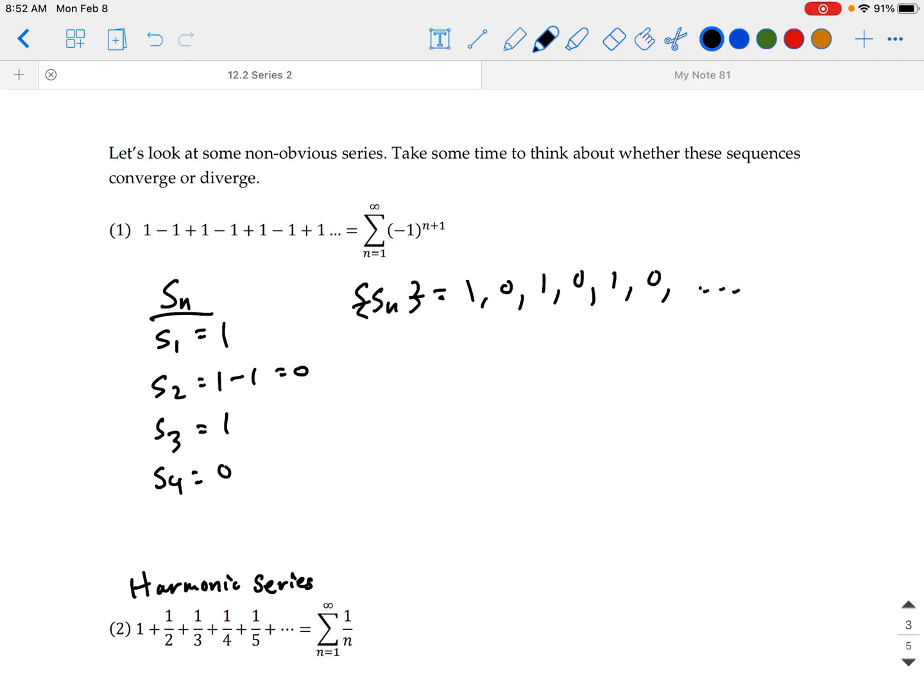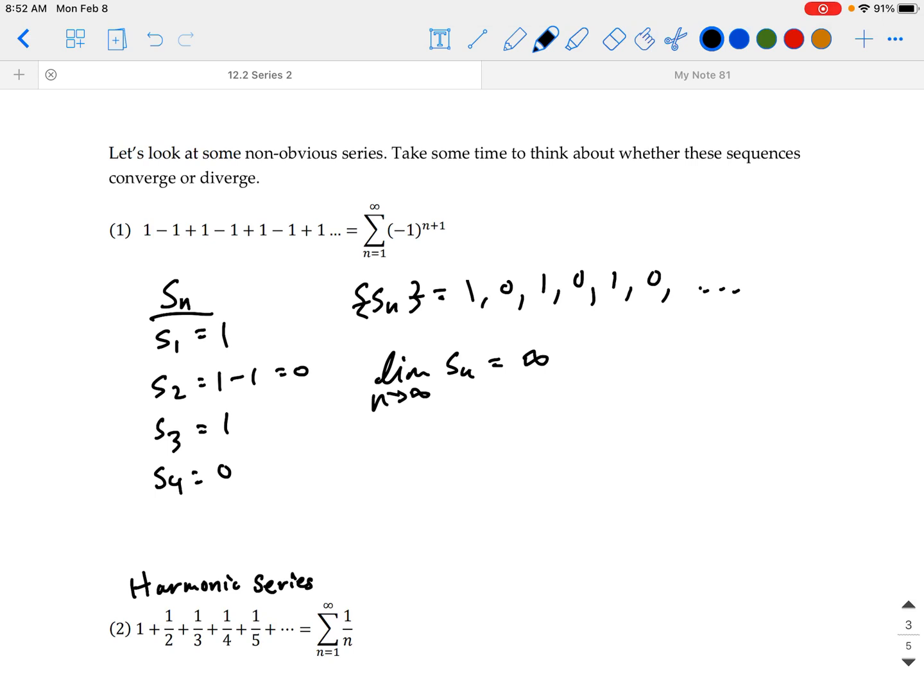And so we can see that if we add up the terms here, we're going to approach infinity, right? Because we're going to be 1 plus 0 plus 1 plus 0 plus 1. You're still adding 1 every other term. So the limit as n goes to infinity of S sub n is going to equal infinity because you're just adding up the counting numbers for those odd terms.